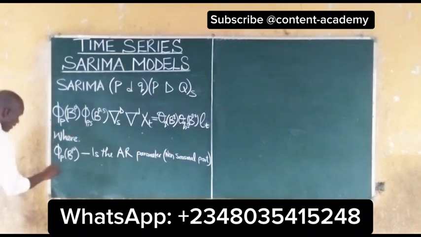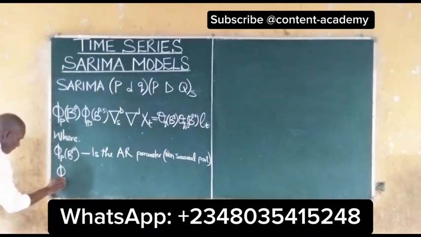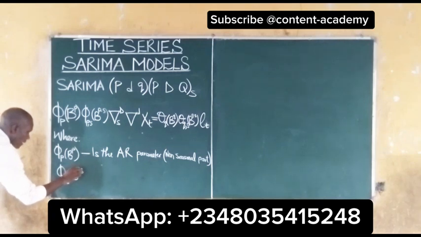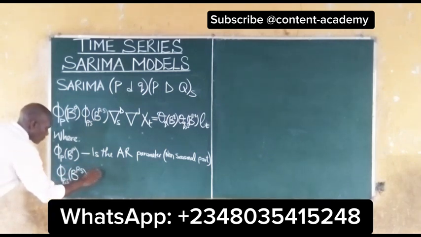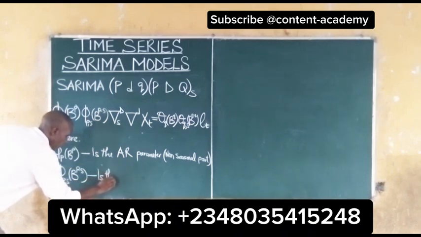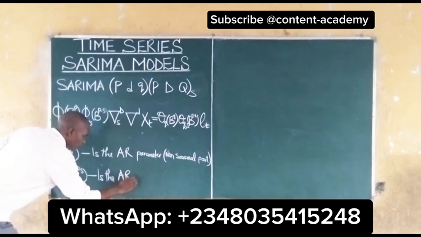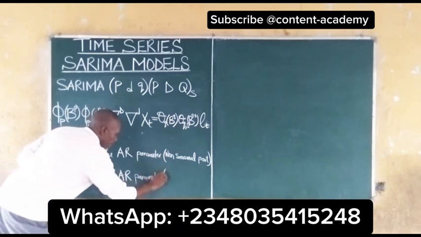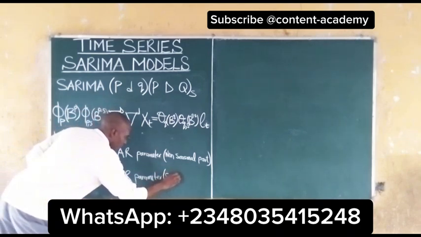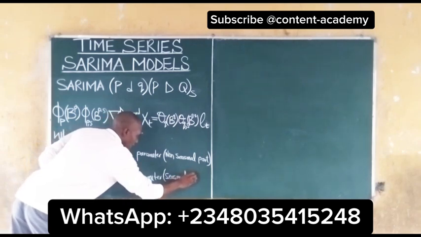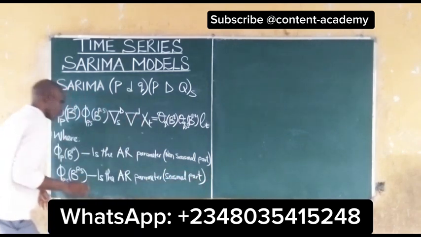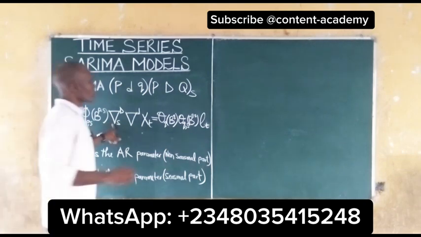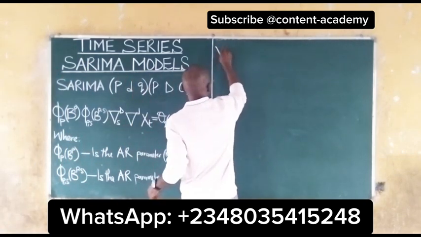We also have phi P,S of B to the power P multiplied by S, which is the autoregressive parameter with the seasonal part. We also have this with differencing.